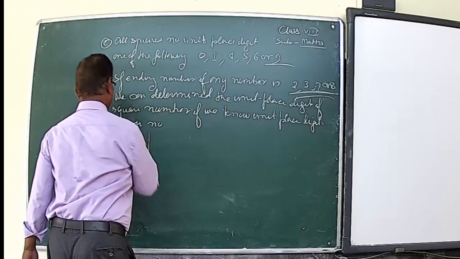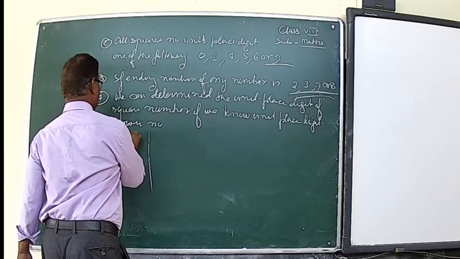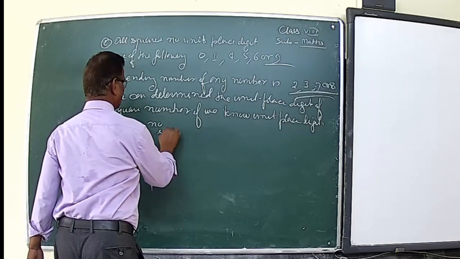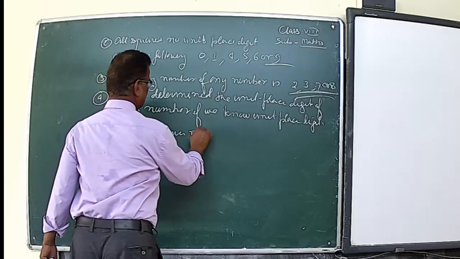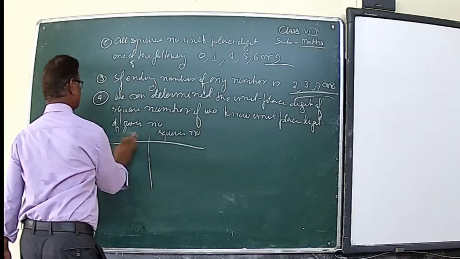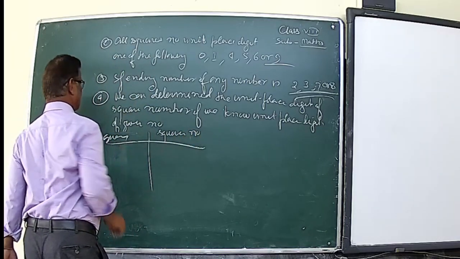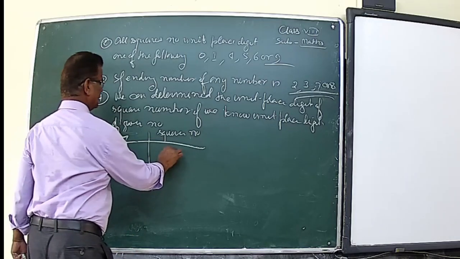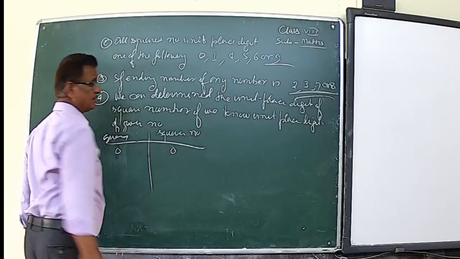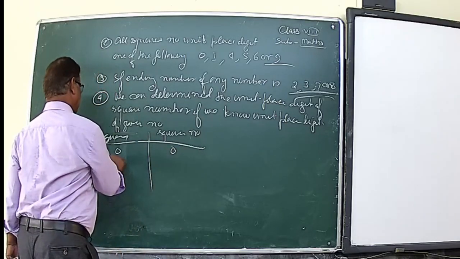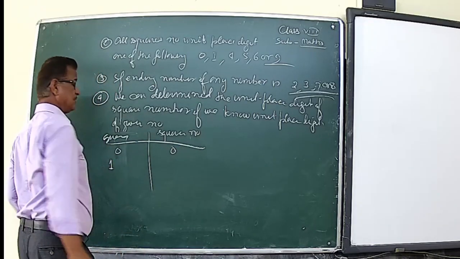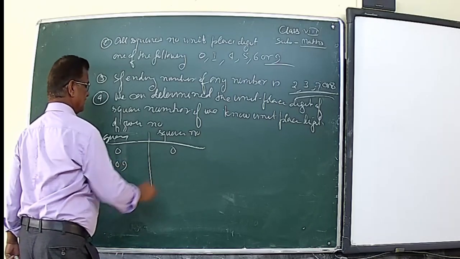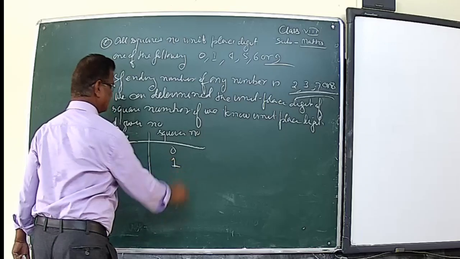If the ending digit of the given number is 0, then the unit place digit of the square number is also 0. If the unit place digit of the given number is 1 or 9, then the unit place digit of the square number is 1.